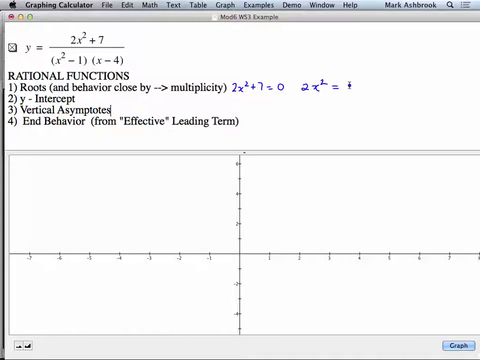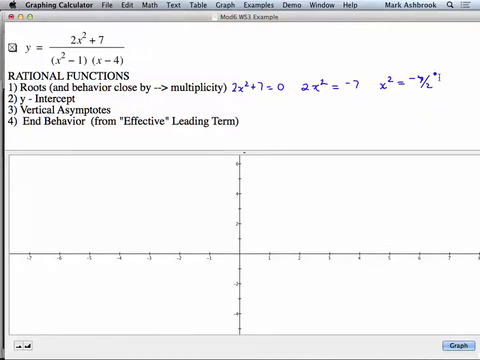But you get 2x squared equals, no, not 7, negative 7. And so now we got x squared equals, and what about that? Now we just got to think about that.